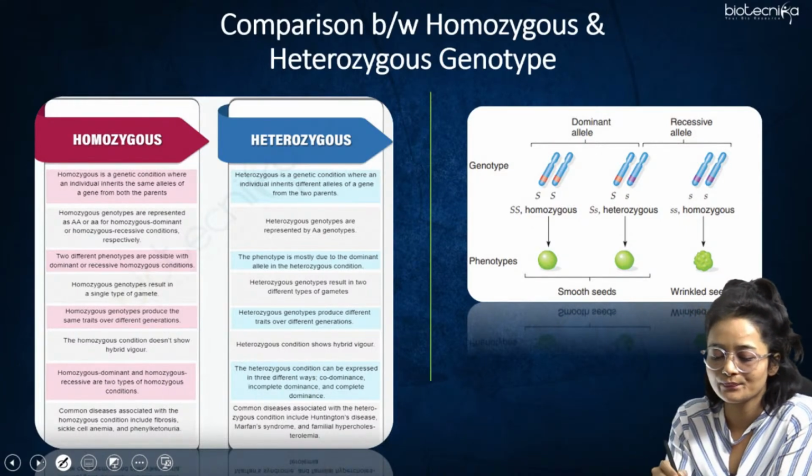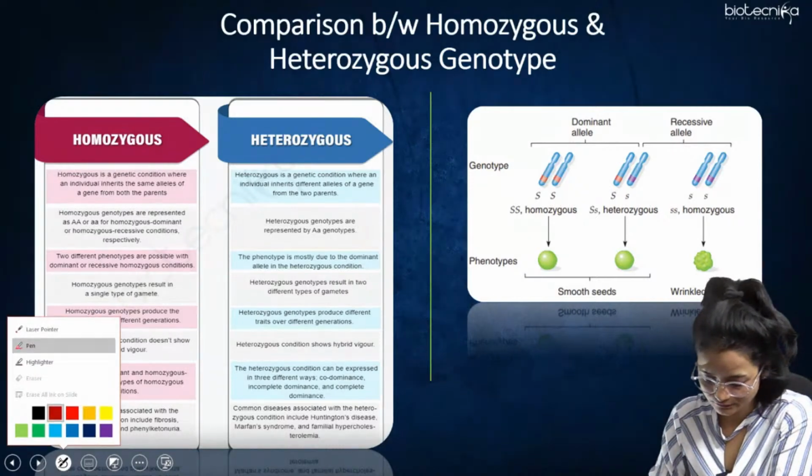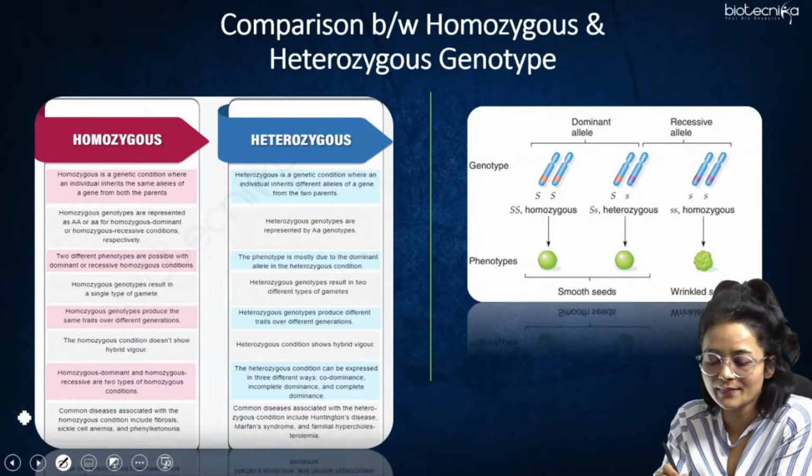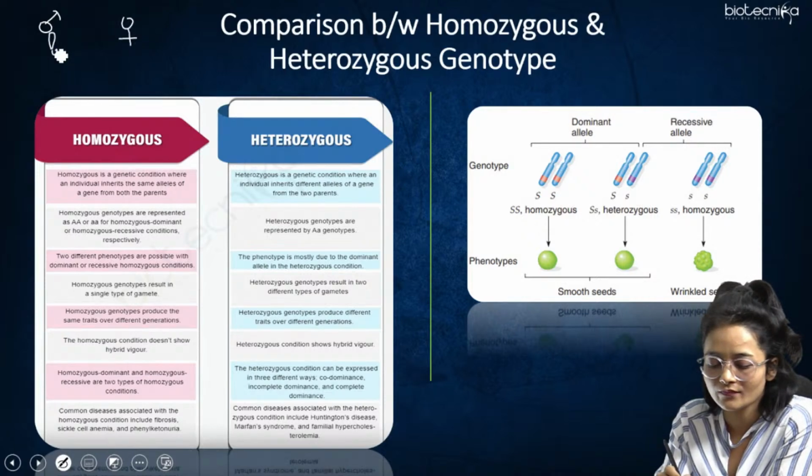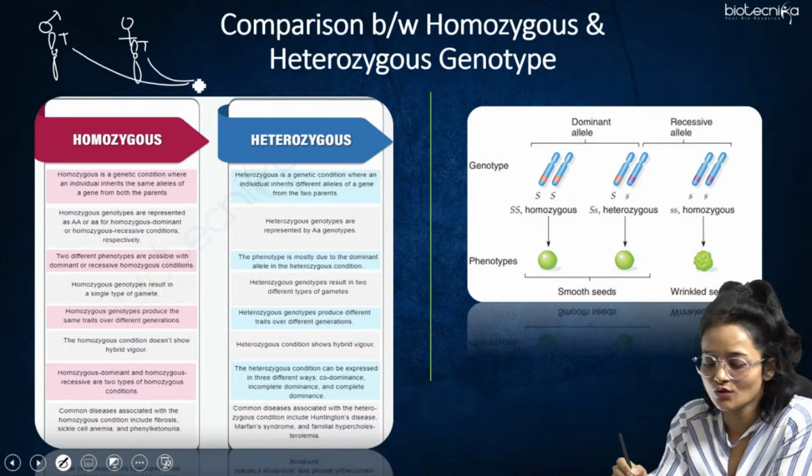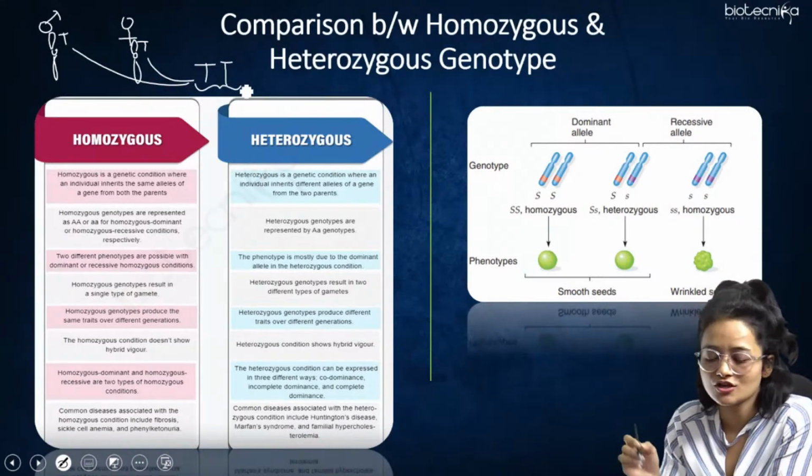So here is a parent, right? This is male, this is female. From one parent this particular trait, and from the second parent also this particular trait is transferred to the offspring, and it produces the homozygous dominant trait.